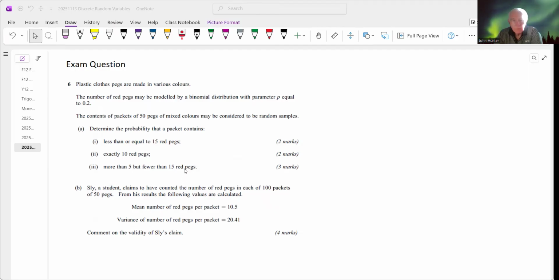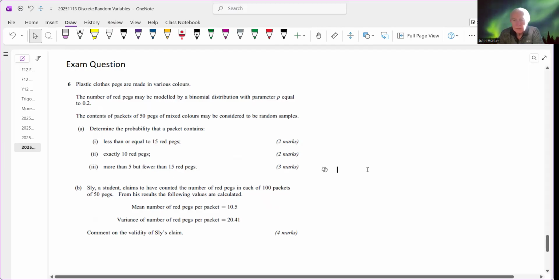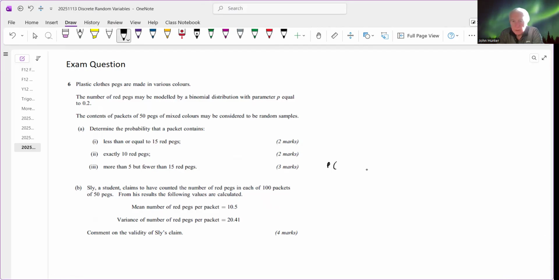More than five, but fewer than 15 red pegs. Okay. Right. So basically, we want anything that goes from 6 up to 14: 6, 7, 8, 9, 10, 11, 12, 13, 14. So this is going to be the probability that the random variable is less than or equal to 14 and greater than or equal to 6.